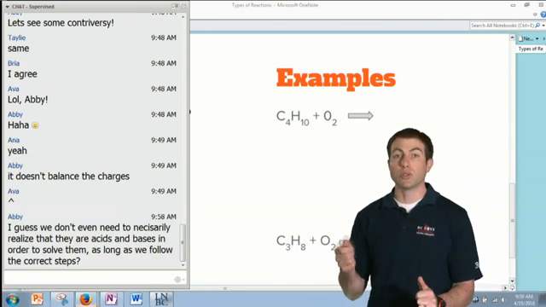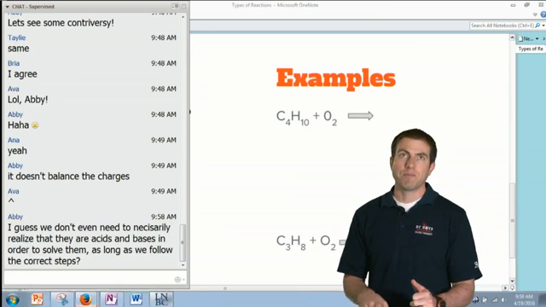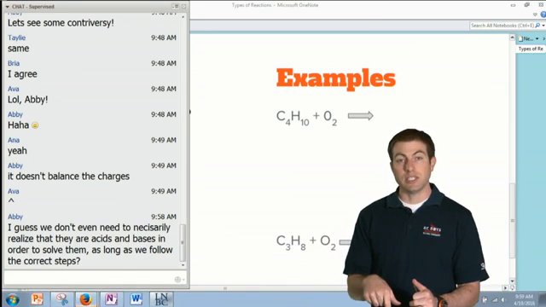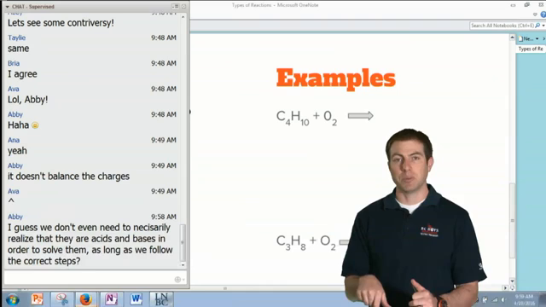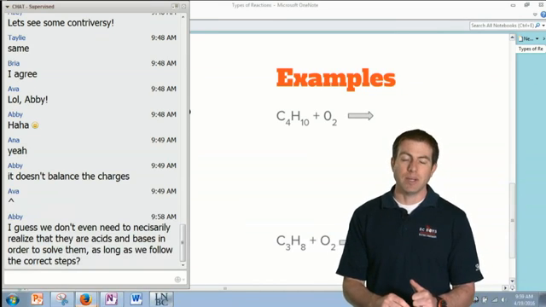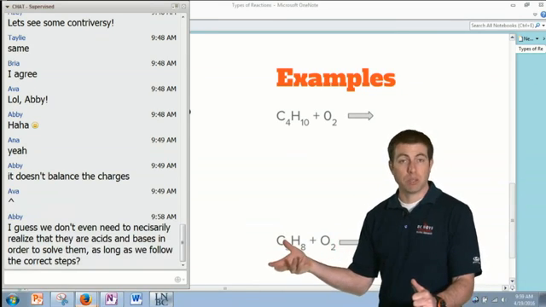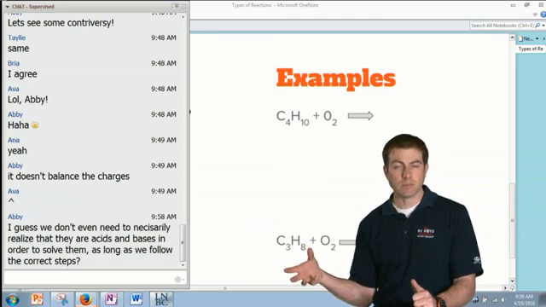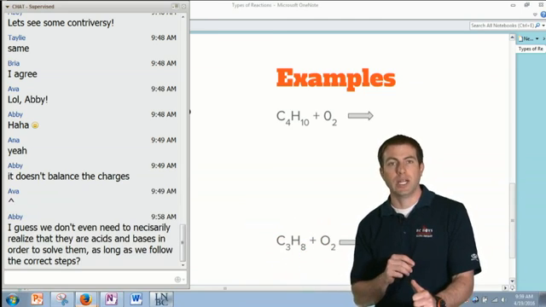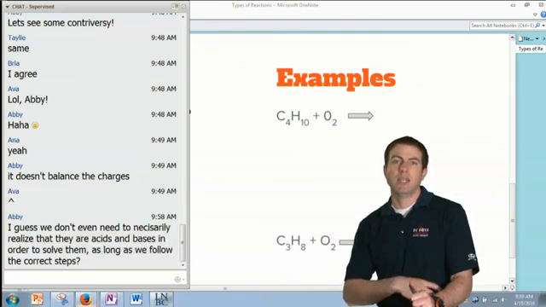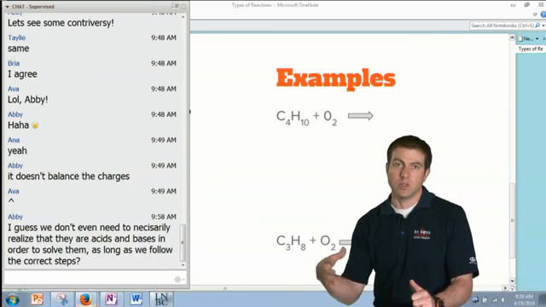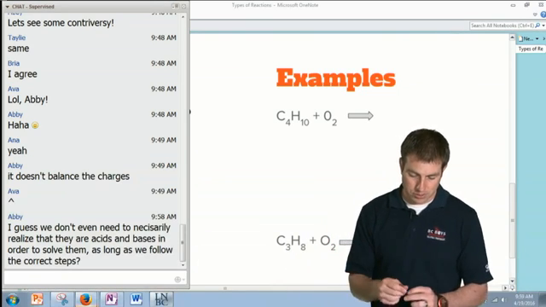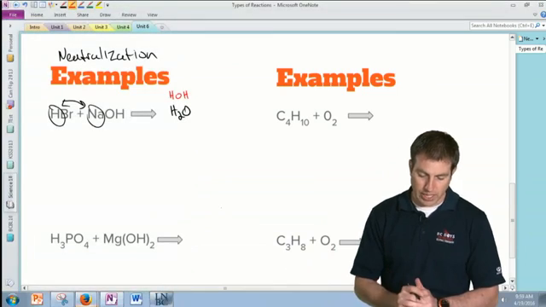So you're looking at a neutralization reaction. Although a neutralization reaction is technically a double replacement reaction, it's a special type. So you would be able to predict the products correctly for sure. But if it asked you to identify it and you said double replacement, we're looking for a little bit more specific. So a neutralization is a special type of double replacement reaction.